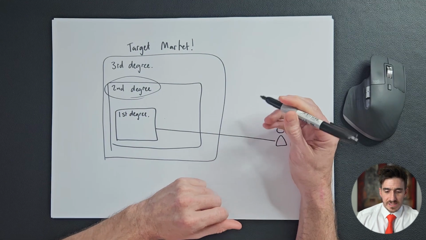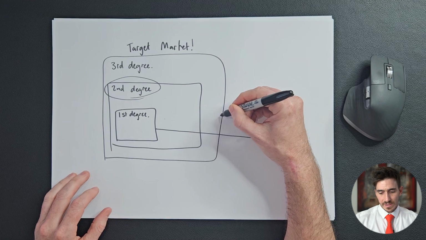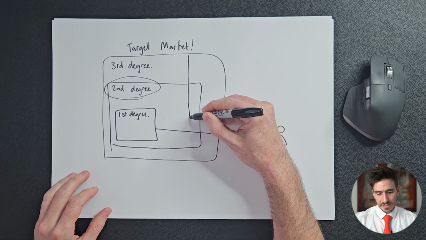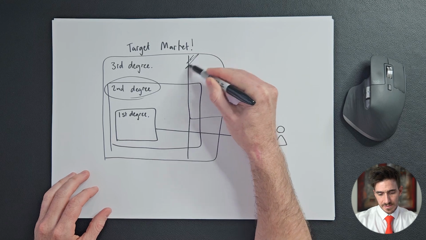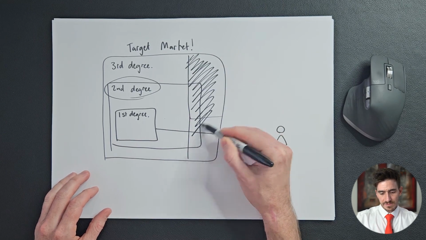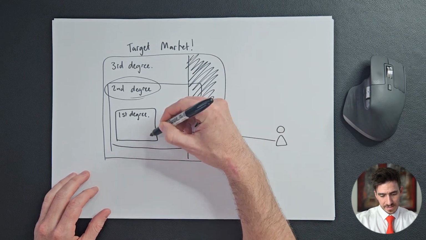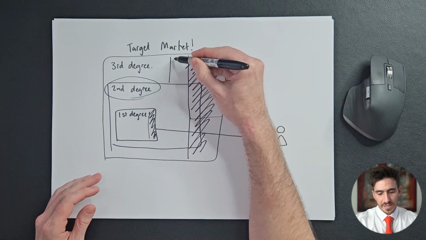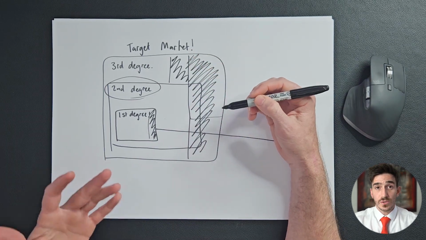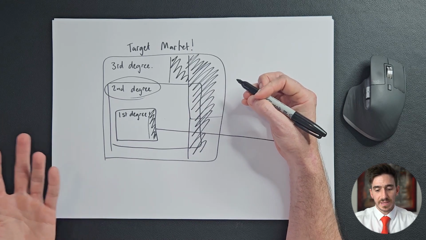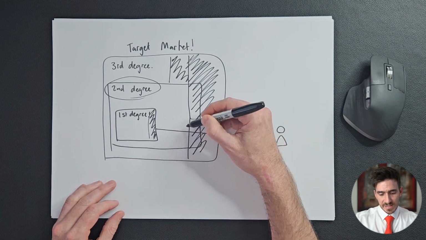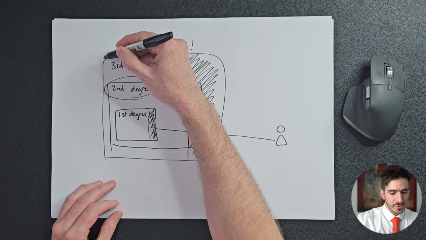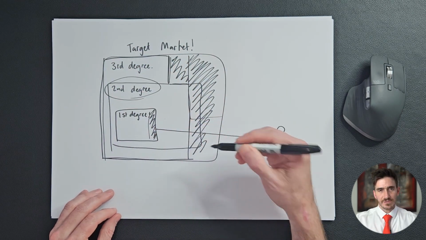And why this matters is, if you come back to my sheet here, you'll find there's a massive portion of first degree, second degree, and even third degree, a gigantic chunk of this market, that just don't use LinkedIn. They may have a profile, but they're not on there very often, which means a much smaller portion of the market is actually going to see any messages you send on the platform.